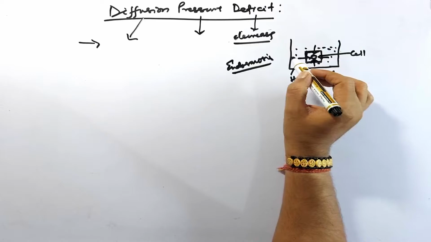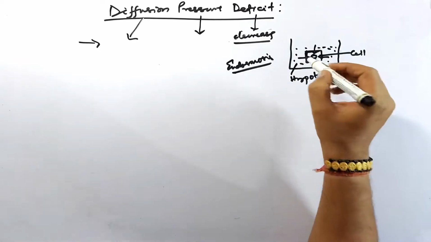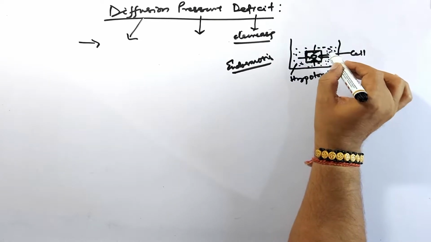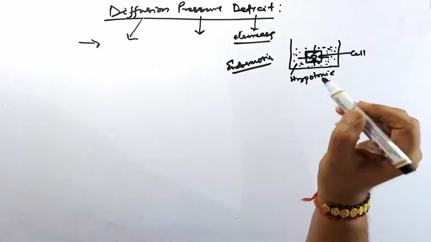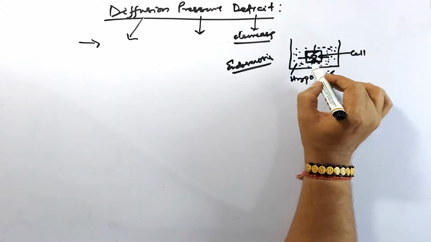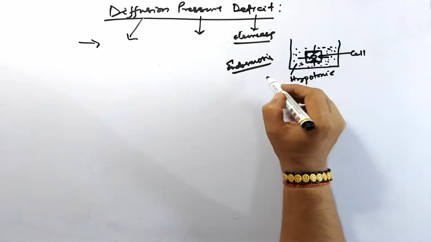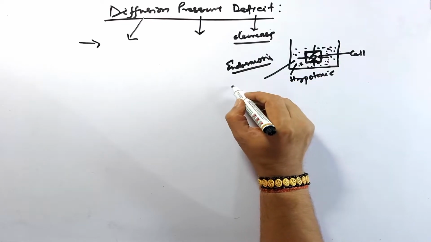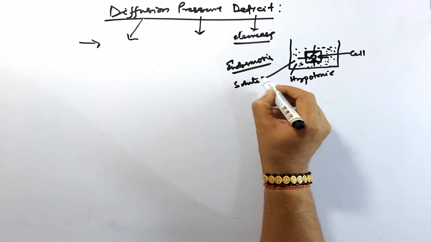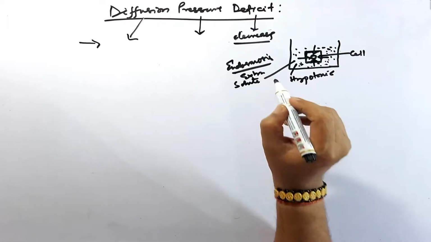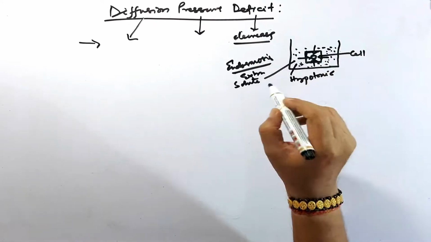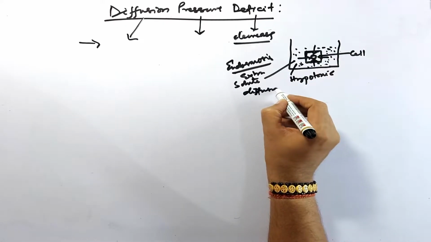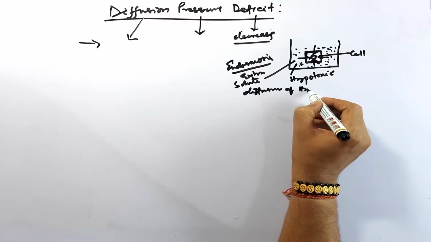Then we will discuss this phenomenon: suppose we add a little amount of solute to this solution. What happens? After the addition of some extra solute, the rate of diffusion of water molecules will decrease.